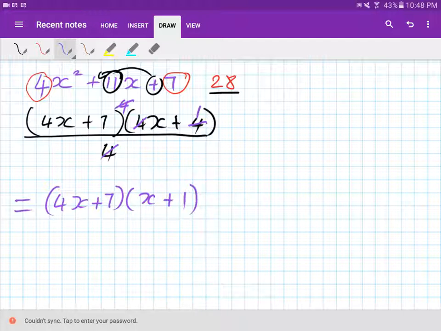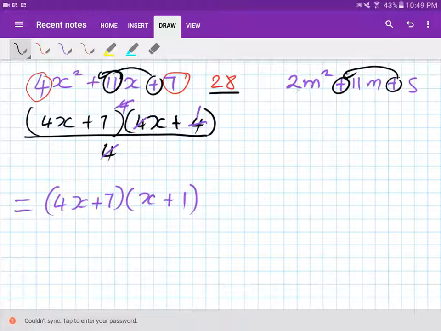Alright, now let's do the second one. Let's say 2m squared plus 11m plus 5. Now, because of the plus, we copy the plus.